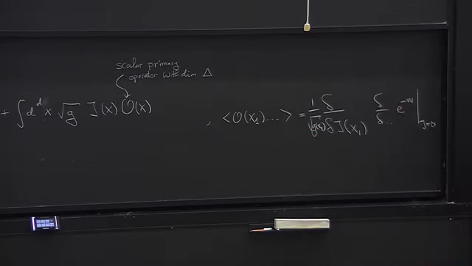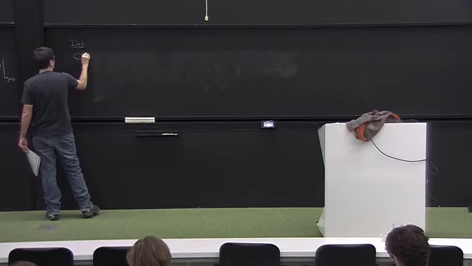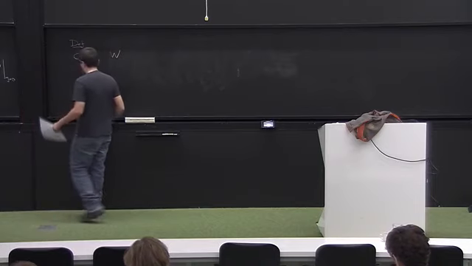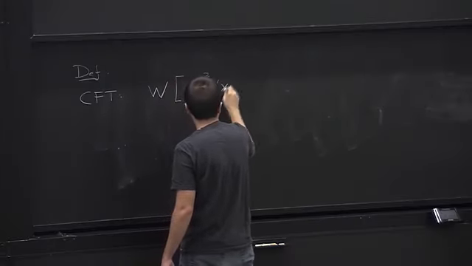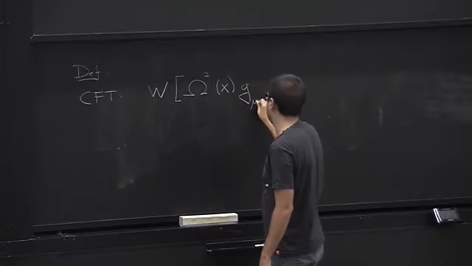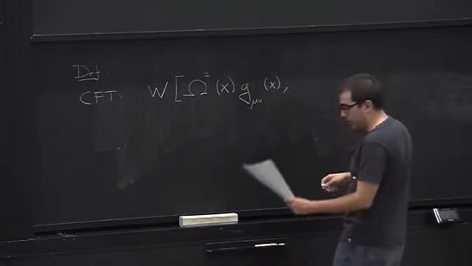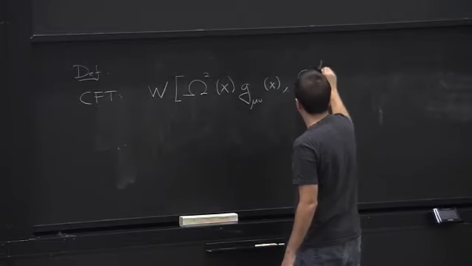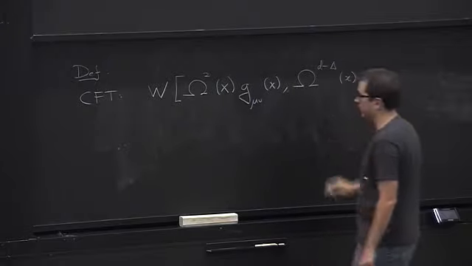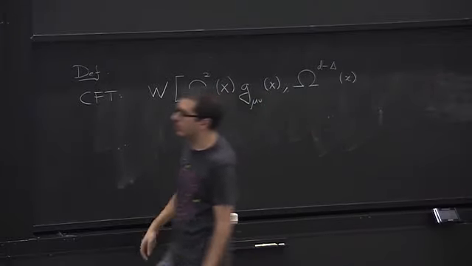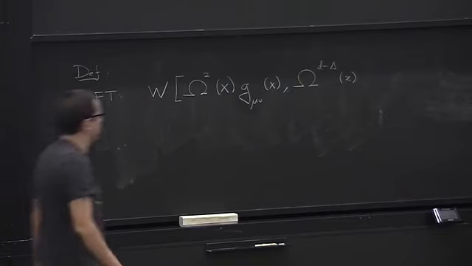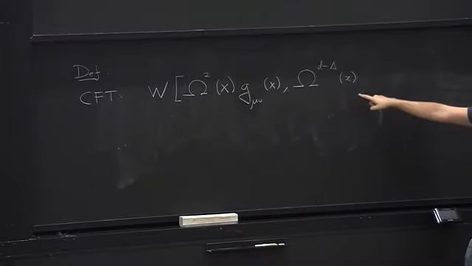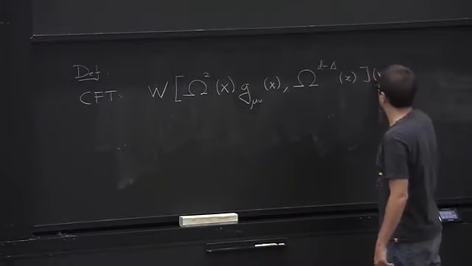So what is a conformal field theory? Definition. A conformal field theory is a theory where this quantum generating function, if you compute it not for the metric G but if you make a local Weyl transformation and you transform your current also, because the field O transforms with some omega to the delta, the measure transforms with some power, and the metric transforms with some power, so J of x needs to transform with some power.